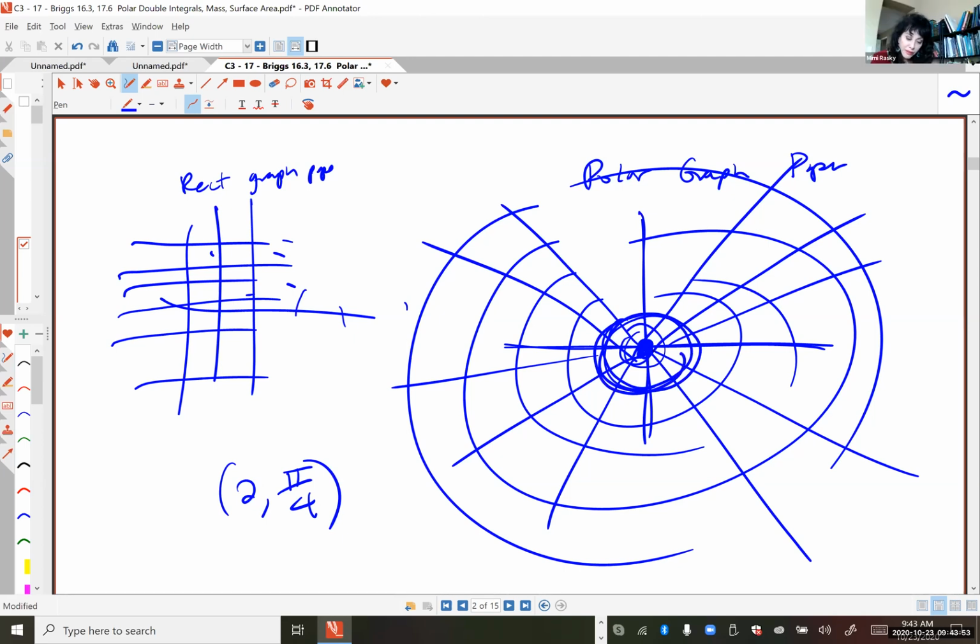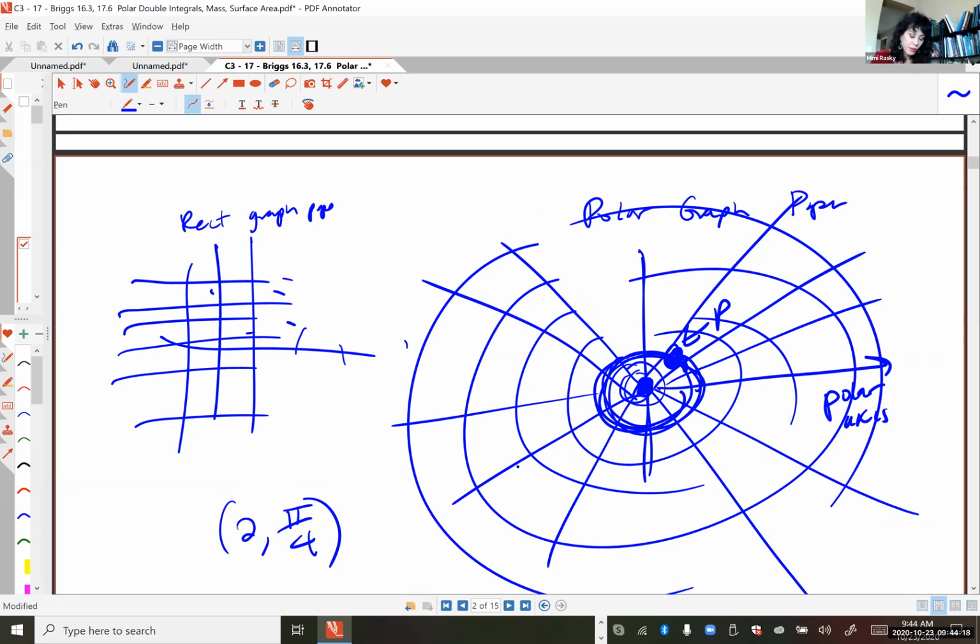And then pi/4: there is an axis in the world of polar, but it's like the positive x-axis only. That's called the polar axis, and pi/4 is the angle we're making with the polar axis. So we're sitting here on the circle of radius 2 at a pi/4 angle. There's the point P right there, and you can locate it using polar graph paper.